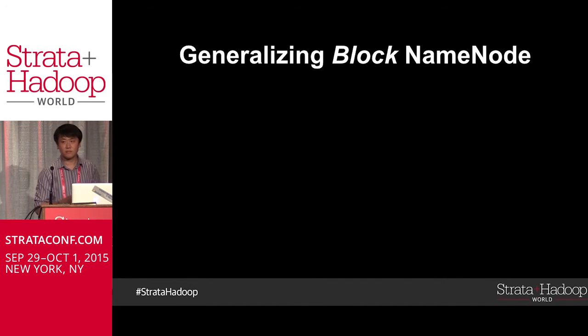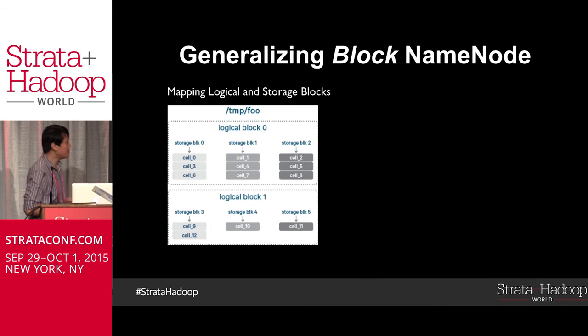Because HDFS, from the very beginning, is based on the concept that there's a simple one-to-one mapping from a logical block to a storage block. To generalize that, given a certain file, HDFS cuts it into logical blocks, each with a fixed size. Currently, the default is 128 megabytes.